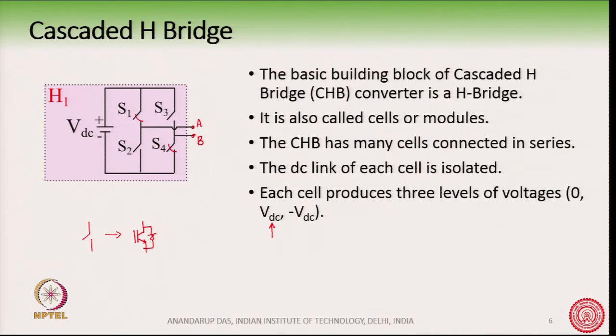On the other hand, if we turn on S3 and S4, then the VAB voltage is minus VDC. And of course, when we turn on S1 and S3 or S2 and S4, we get 0 voltage here. So, there are 3 voltages available from one H bridge or one cell.